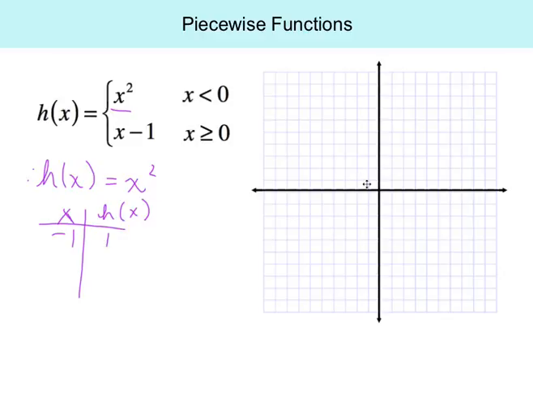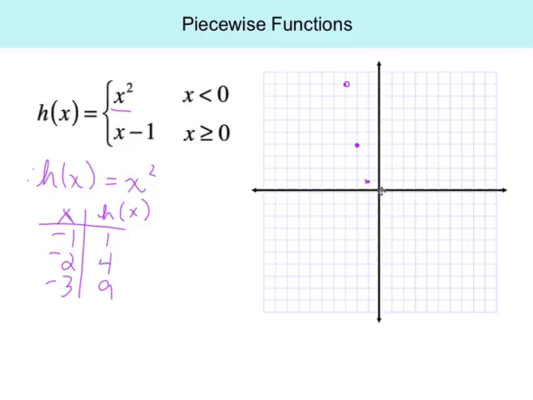So I'm going to plot that right there. When x is negative 2, h of x is 4. I'm going to plot that here. When x is negative 3, h of x is 9. I'm going to plot that here. And we see the left part of the parabola.